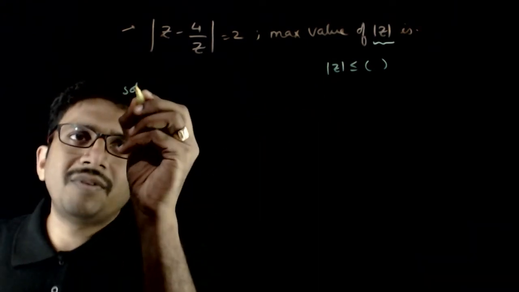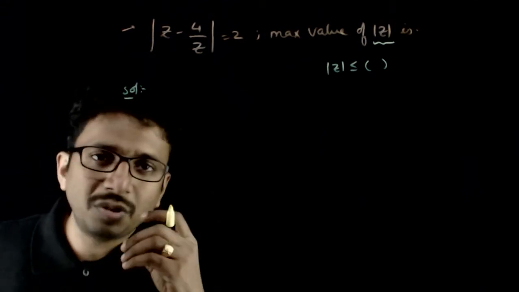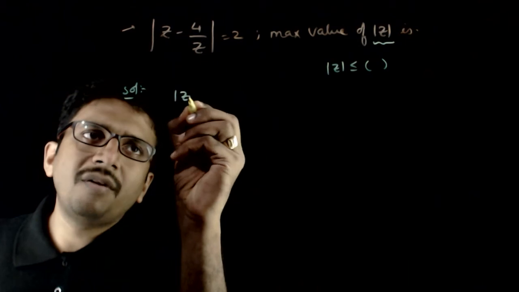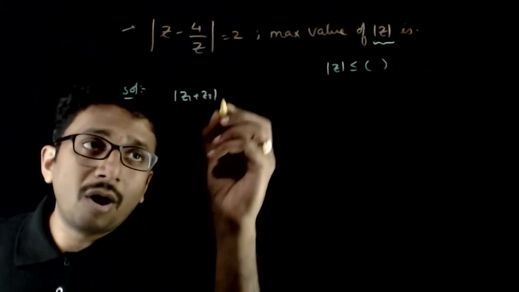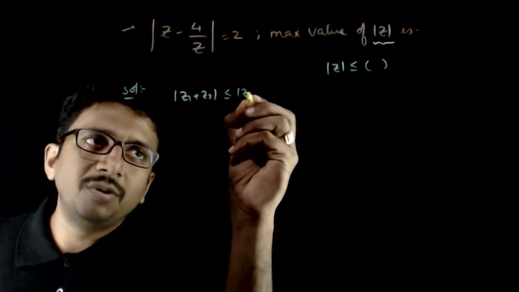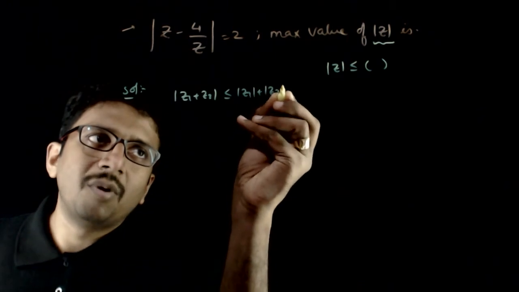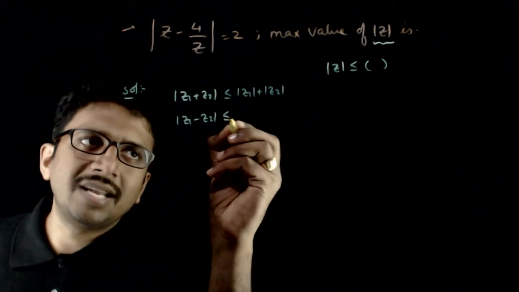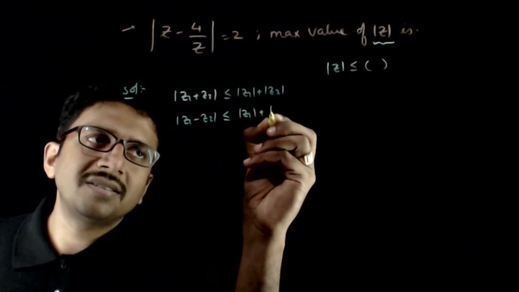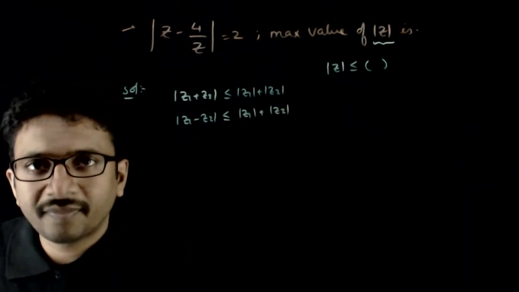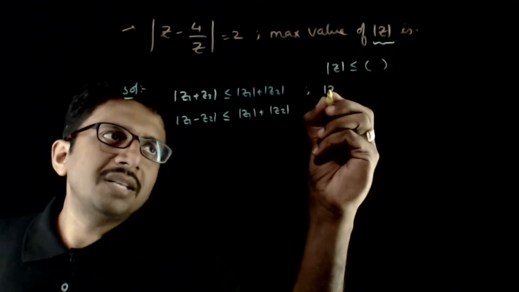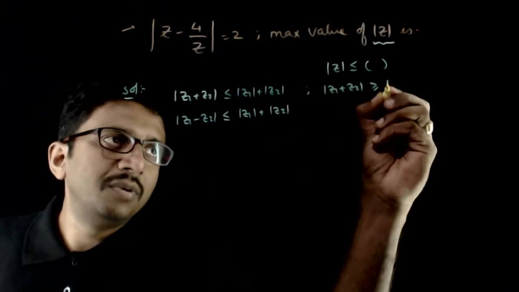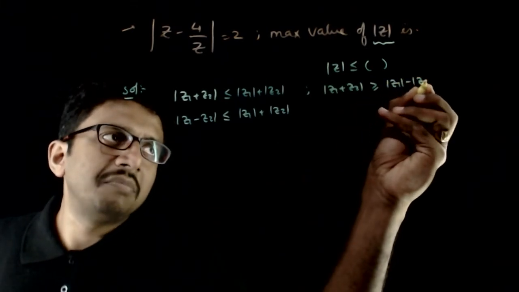So in complex numbers, when inequality questions are asked, usually we use triangular inequalities, which are: mod of z1 plus z2 will always be less than or equal to mod z1 plus mod z2, and mod z1 minus z2 is always less than or equal to mod z1 plus mod z2, and modulus of z1 plus z2 is always greater than or equal to the magnitude of mod z1 minus mod z2.